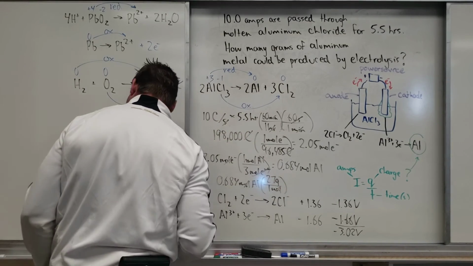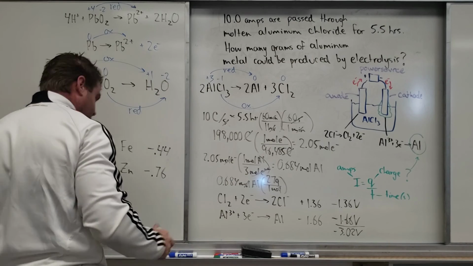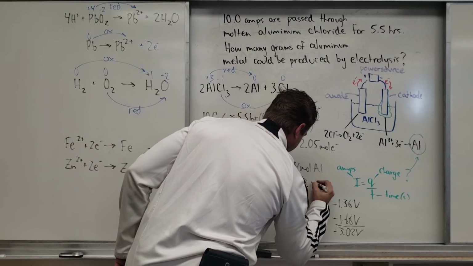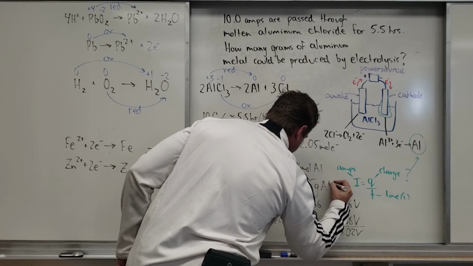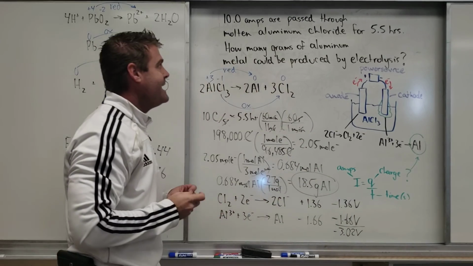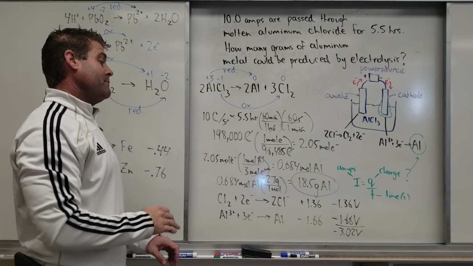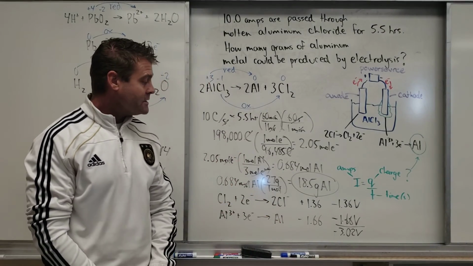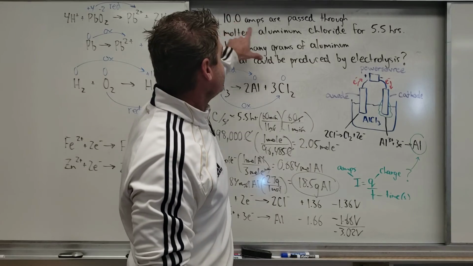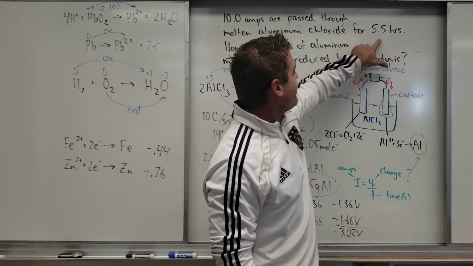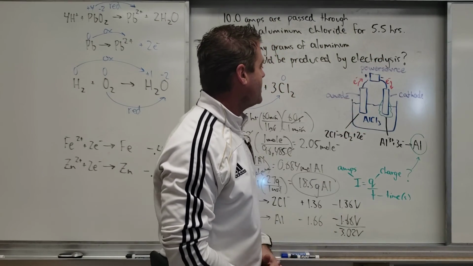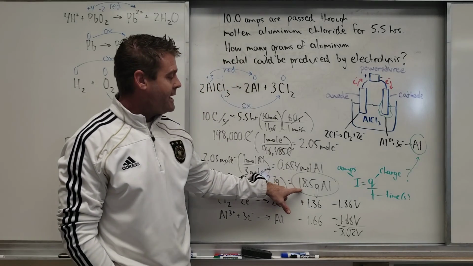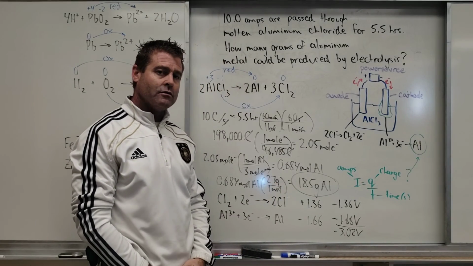Moles cancel. 27 times 0.684, and I get 18.5 grams of aluminum. And you guys see, aluminum's kind of expensive, relatively, to make. It would take a 10 amp power source to run for 5.5 hours through a molten aluminum chloride solution just to generate 18.5 grams of aluminum.